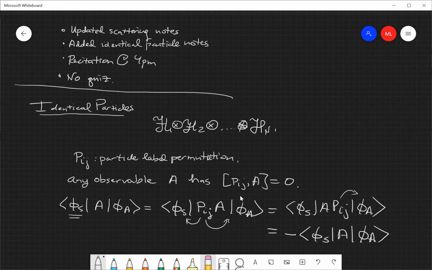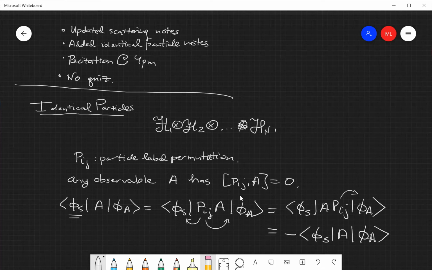Another important consequence is that fermionic states obey the Pauli exclusion principle.